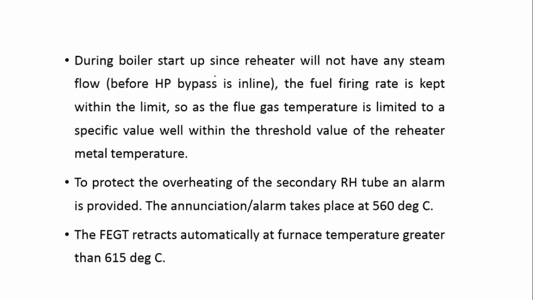During boiler startup, the reheater will not have any steam flow, and HP bypass is not in line. The fuel firing rate is kept within the limit, so the flue gas temperature is limited to a specified value, well within the threshold value of the reheater metal temperature.